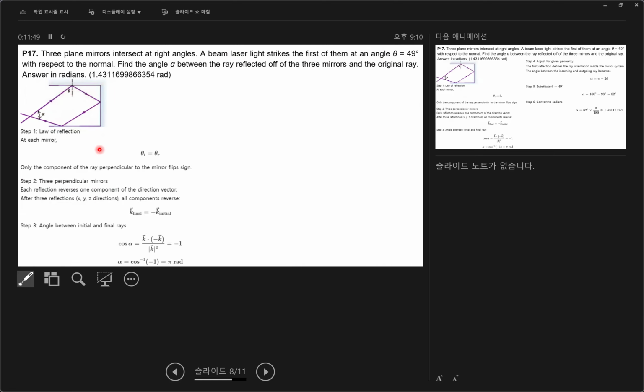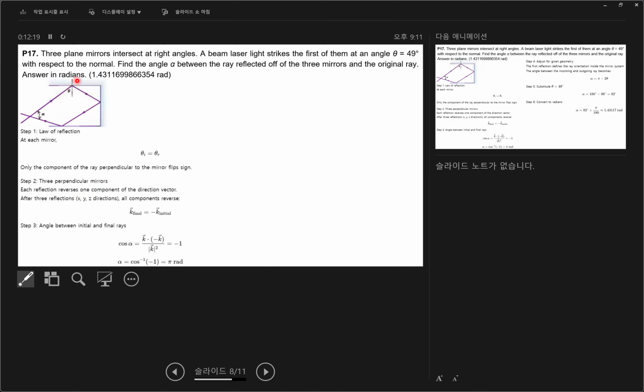So at each mirror, we need to apply the law of reflection. The incident angle should be the same as the reflected angle. With 3 perpendicular mirrors, each reflection reverses one component of the direction of the beam.